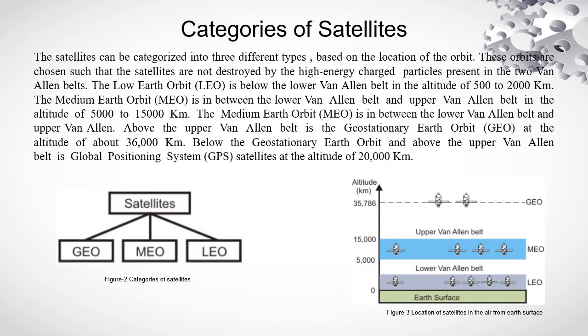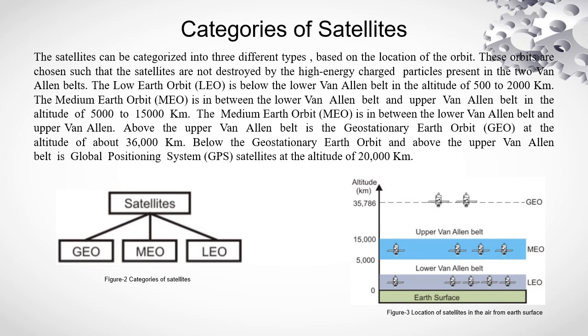Category of satellite. Satellites can be categorized into three different types based on the location of the orbit. These orbits are chosen such that the satellites are not destroyed by the high energy charged particles present in the two Van Allen belts. The low Earth orbit is below the lower Van Allen belt, at an altitude of 500 to 2000 km.